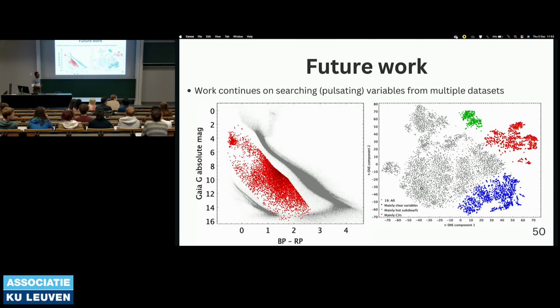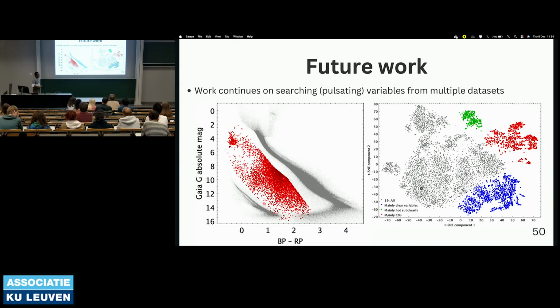So, Princy, I have a couple of questions here. You're hunting for pulsating variables. Do you still use exactly the same set of 27 features, or do you believe they are also robust to look for pulsators, and why? You use 27 features to distinguish between the sdB and sdO stars and all the rest, right?